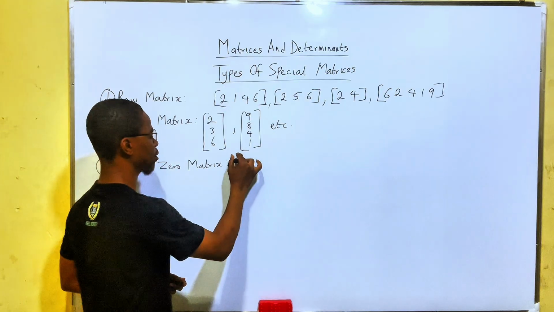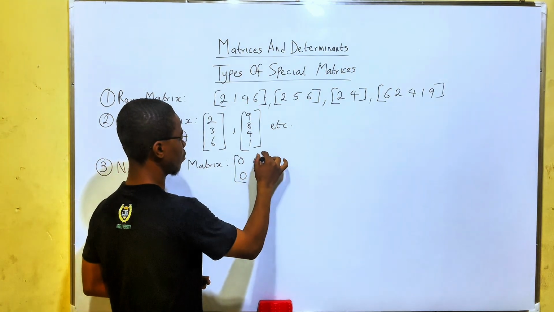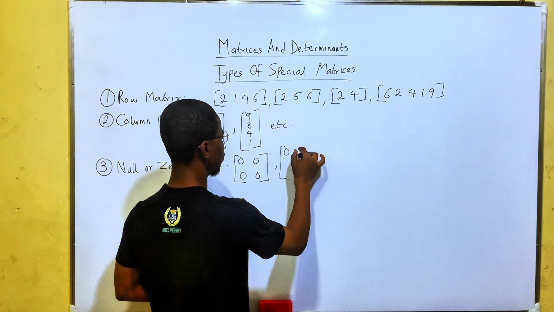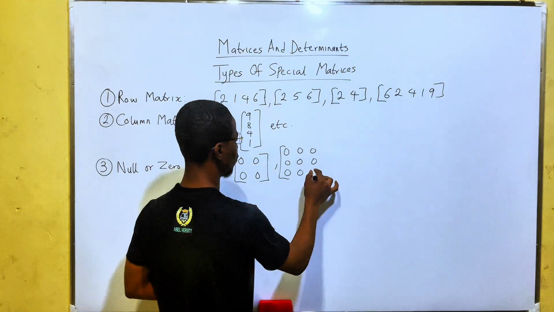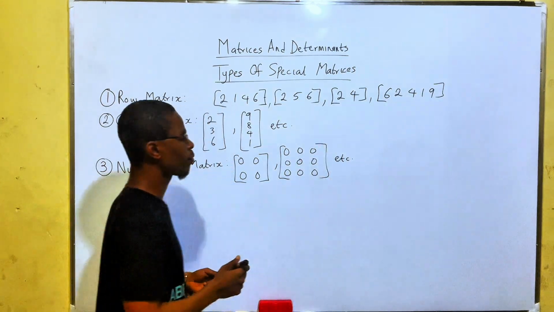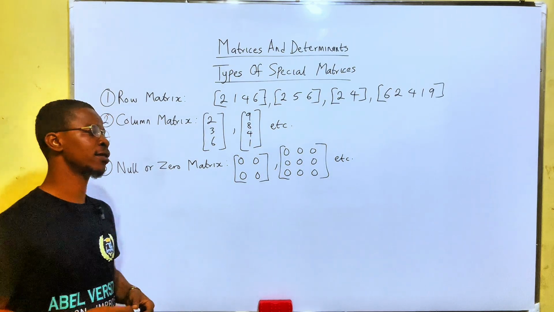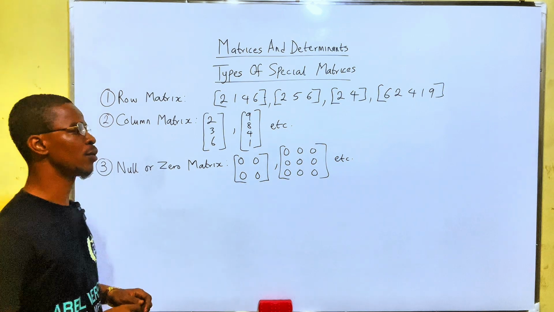An example is this. These are examples of zero matrices. All the elements are zero. All the elements are what? Zero.